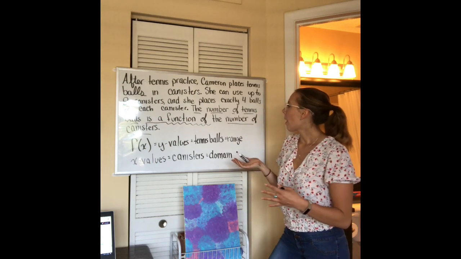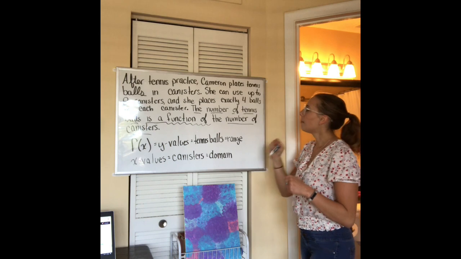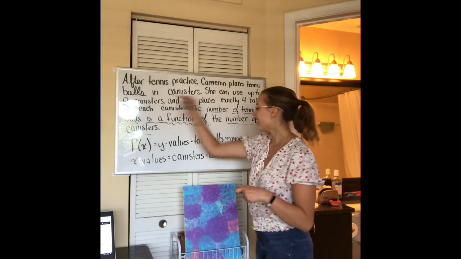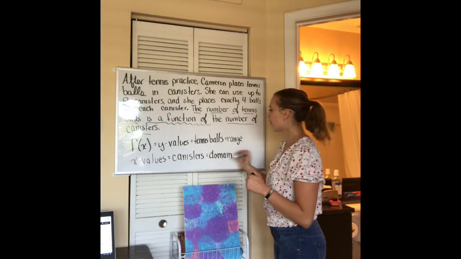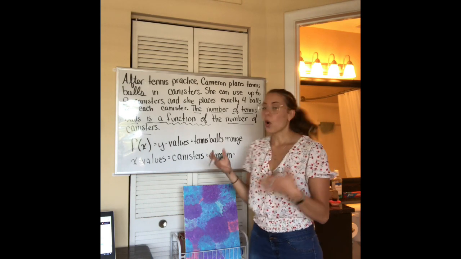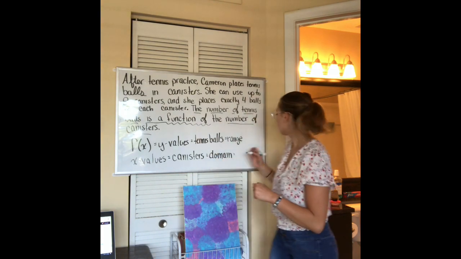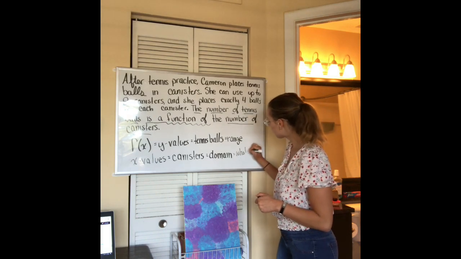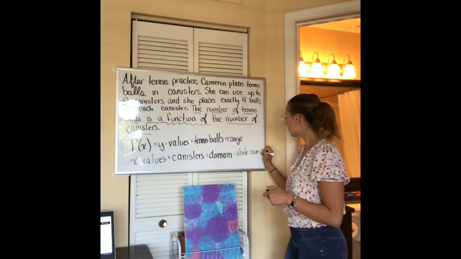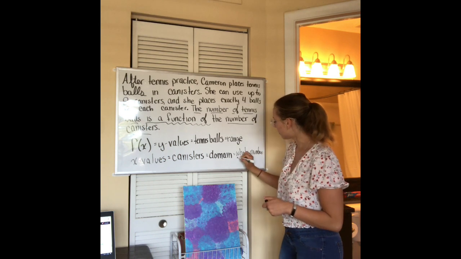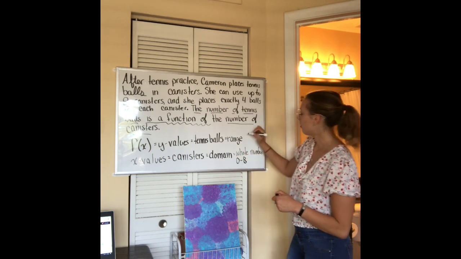And so I know that she can use up to 8 canisters. So the number of canisters is whole numbers up to 8, because you can't have a portion of a canister. So whole numbers from 0 to 8, right?